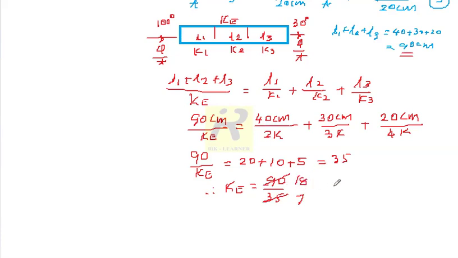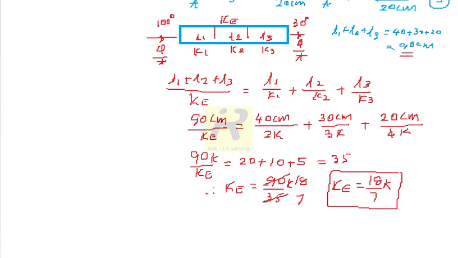So the ratio is nothing but Ke is 18 divided by 7, and don't forget to write K here in the denominator. It should be so many times K. So Ke is equal to 18K divided by 7. So this is for this one as a whole.